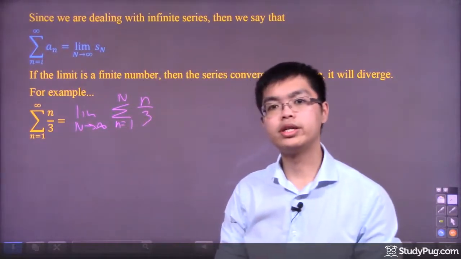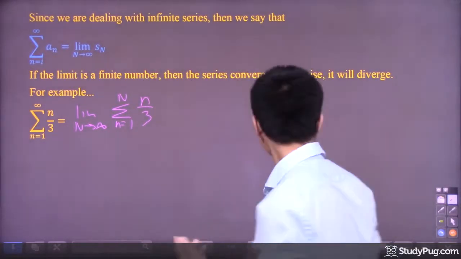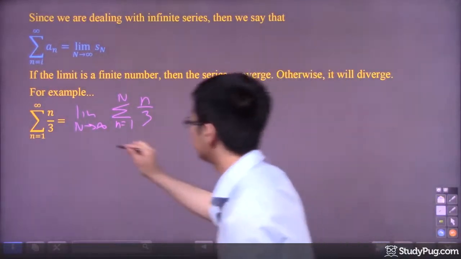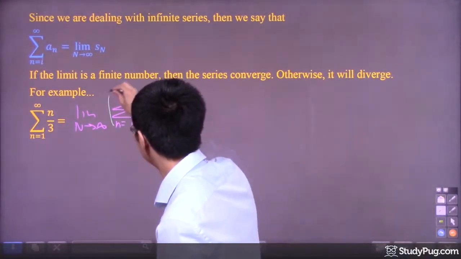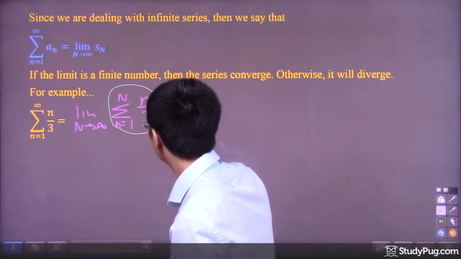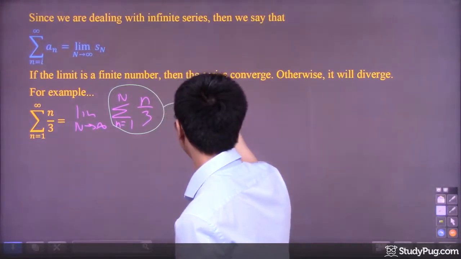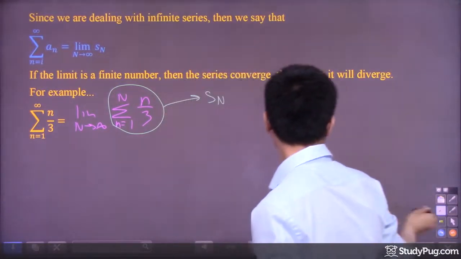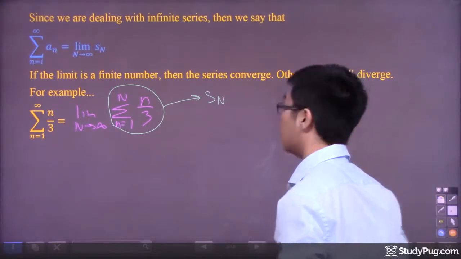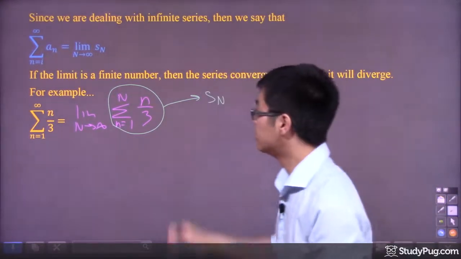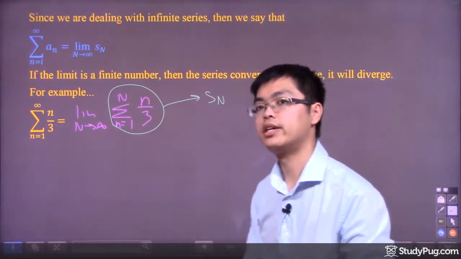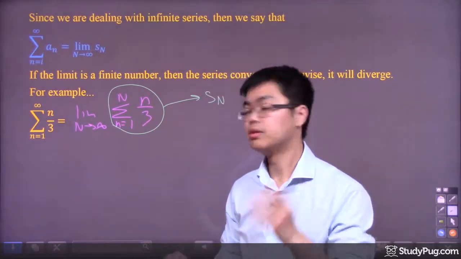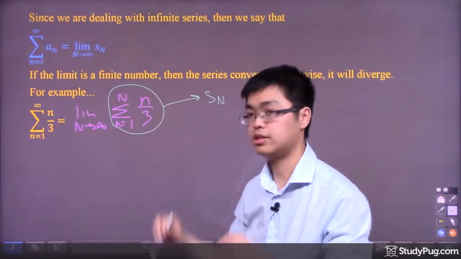And you're like, well, what is my Sn then? Well, Sn in this case is this whole thing I'm circling, the sum of the terms from 1 to n. So that's my Sn. And as you can see, it's in the form of a series.